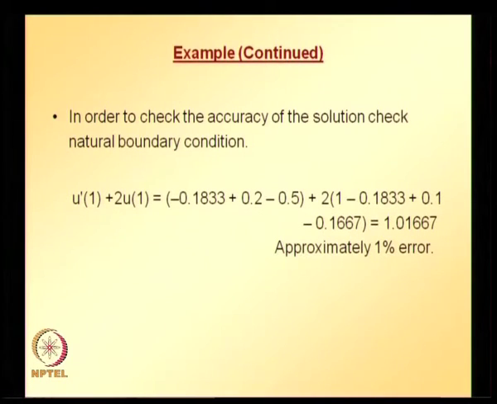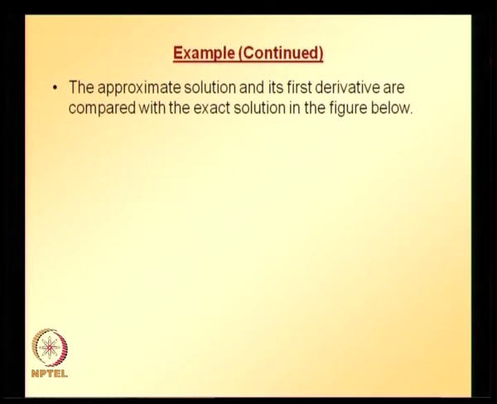You can see, as expected, the cubic trial solution results in less error, whereas the quadratic trial solution has 10% error and the cubic trial solution error became 1%. And you can follow the same steps for higher order trial solution approximations also.